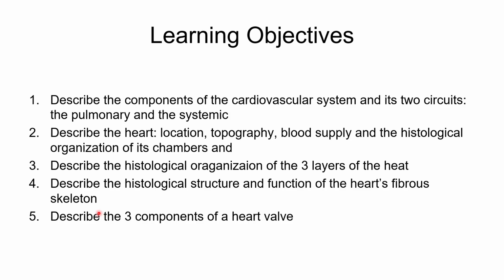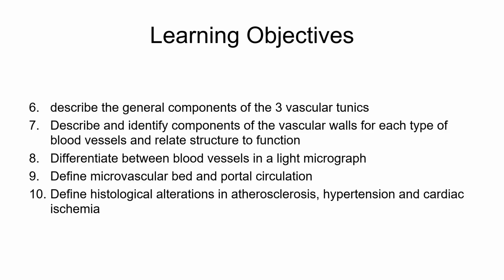Then go into the components of the heart valves, then going into the vessels with a quick review of the three layers forming the vessel wall, the three vascular tunics, and how each type of vessel, be it arteries or veins, differs at different sizes.